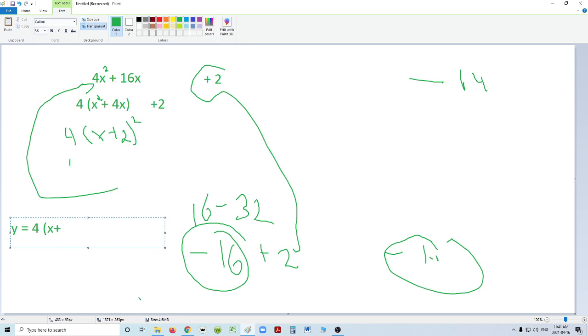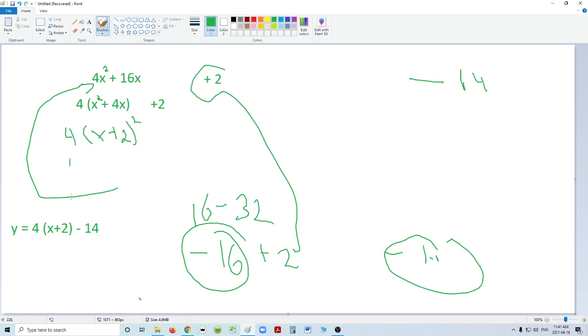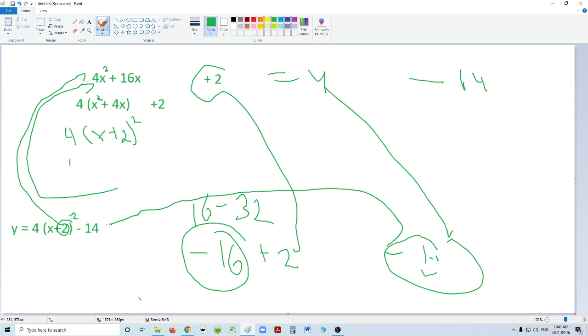And yeah, I'm not doing it in function format, by the way. And now I know my y value is going to be minus 14 by just taking the partially completed minus 2, putting it back out into here, and it spits out my y value of minus 14. Now I can just throw that on the end of my vertex formula.